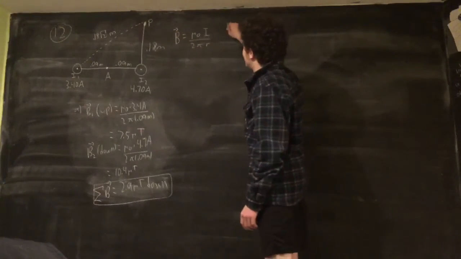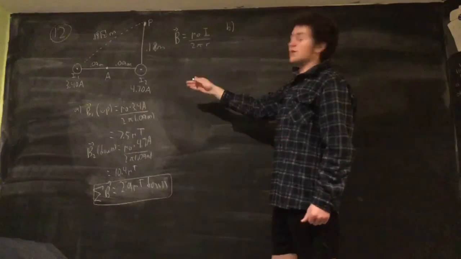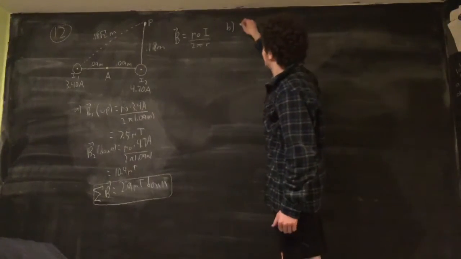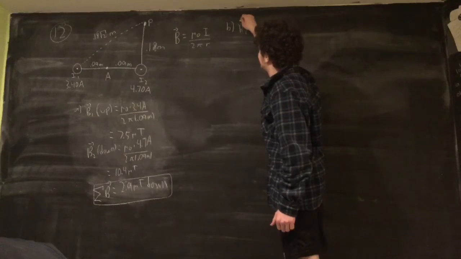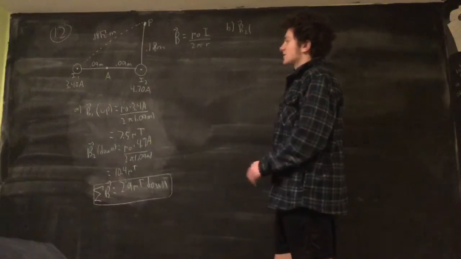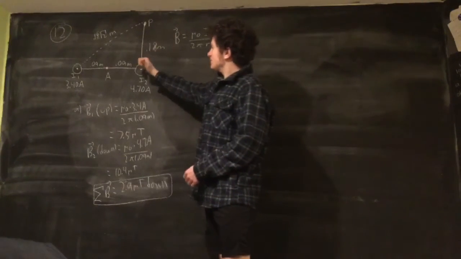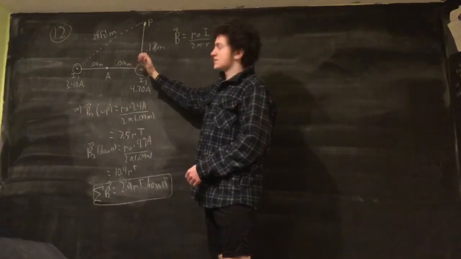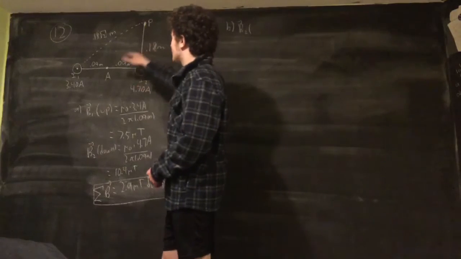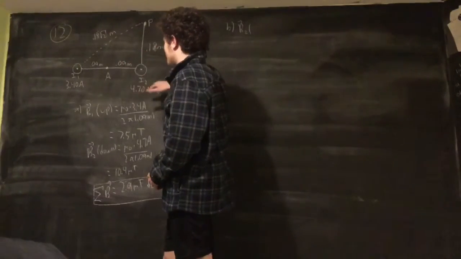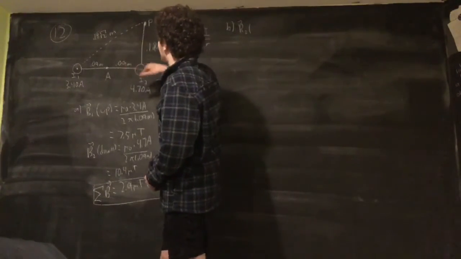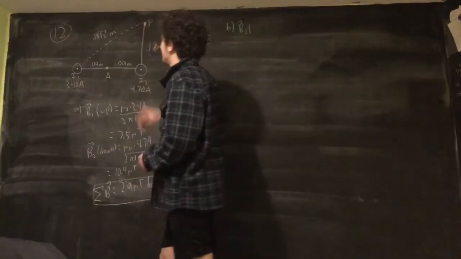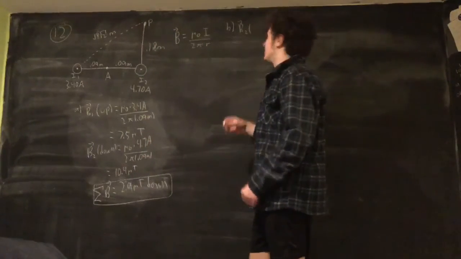So let's take it over here. Start with current number 2, because that'll be easier. Again, B sub 2. What's the direction this time? Again, we have our thumb as the current and the fingers as the direction of the field. We're going to create circles in this direction. So all the way up at the top, when it hits point P, that's going to be a leftwards magnetic field.